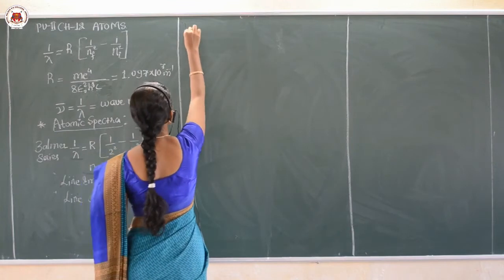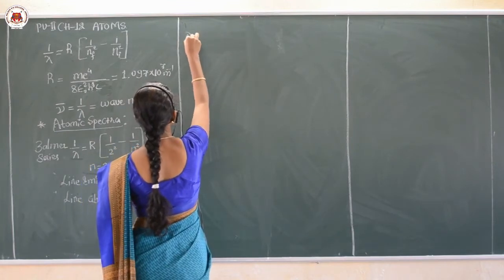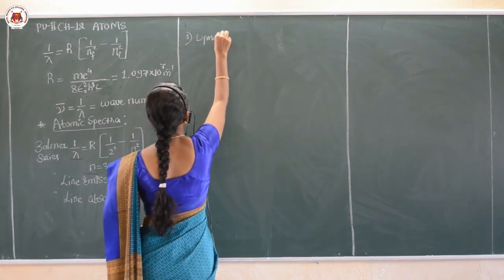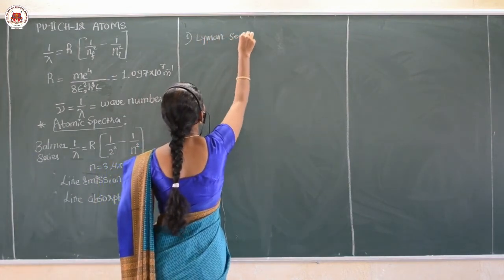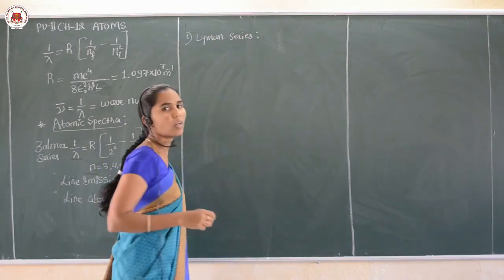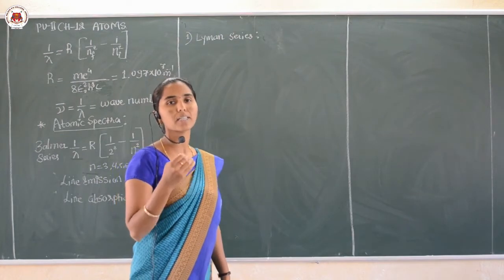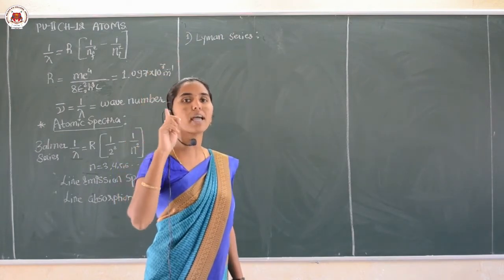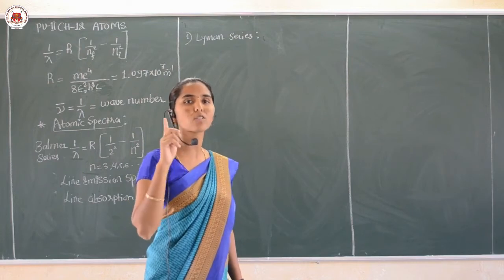Another series of the hydrogen atom is the Lyman series. The Lyman series is formed when the electron makes a transition from a higher energy state to the first orbit.